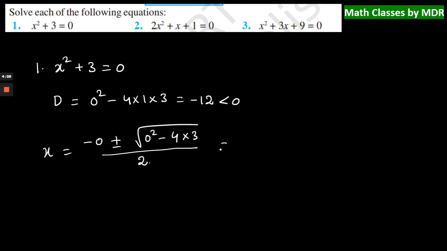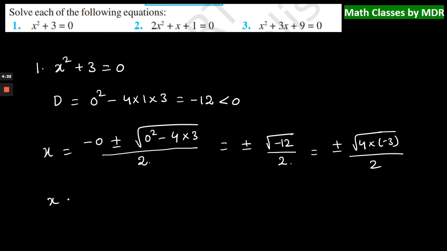Right? So this will give us plus or minus root of minus 12 by 2. This further I can write as plus or minus root of 4 into minus 3, by 2.